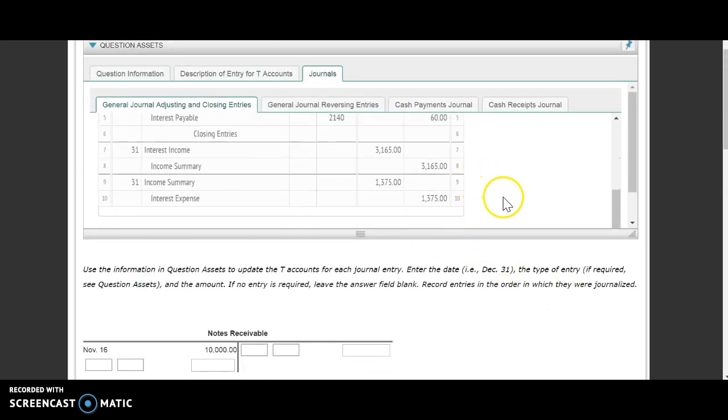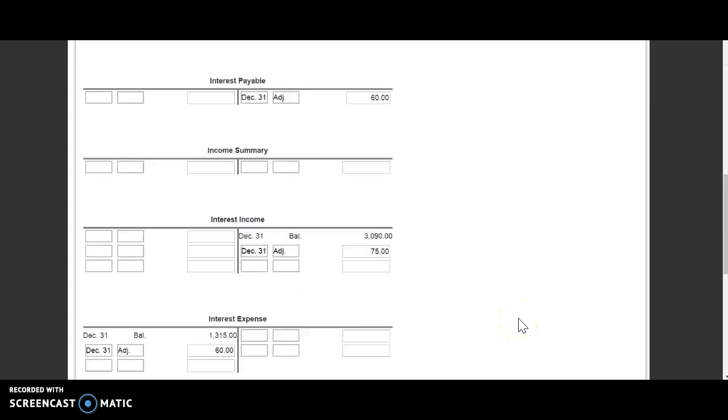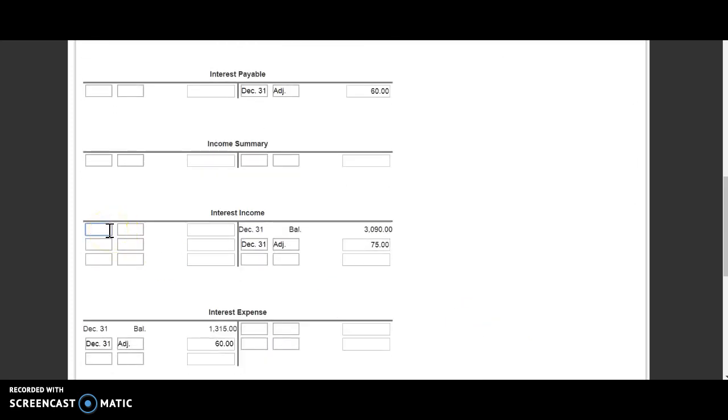Now we're going to move on to our closing entries on the 31st. We're going to debit interest income. So December 31st still. This time it was a closing entry, so I'm going to write in closing.